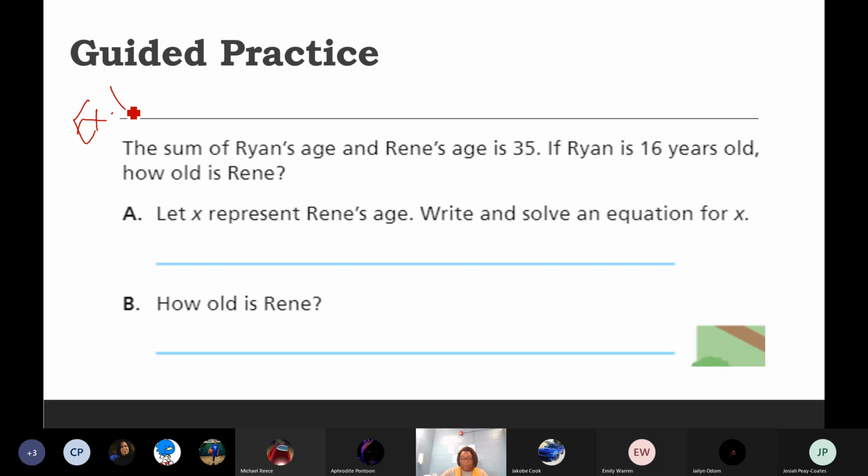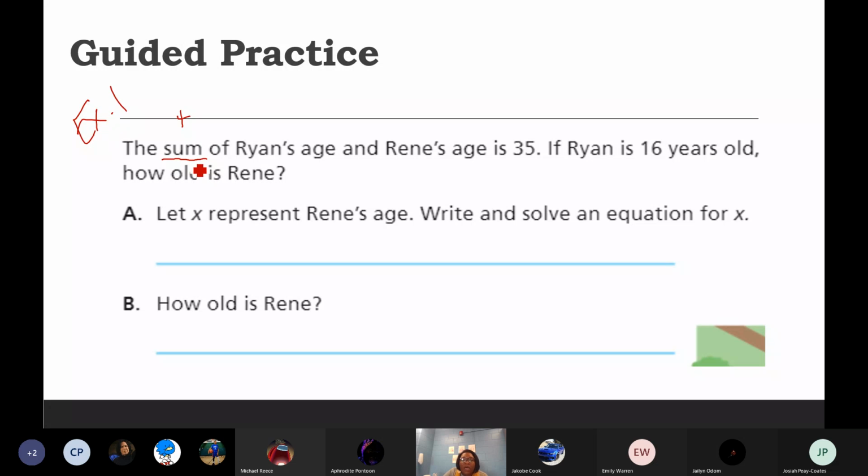Okay, so let's keep going here. Example 1. Okay, so the sum, ooh, that's an important word. We need to highlight it. Remember from our Monday lesson, when I see that word sum, what operation will I be using? Addition. Addition, very good.